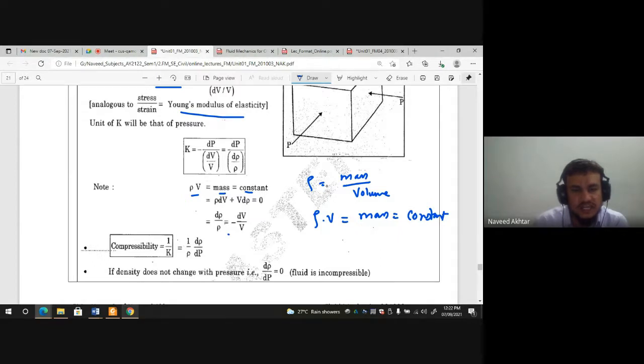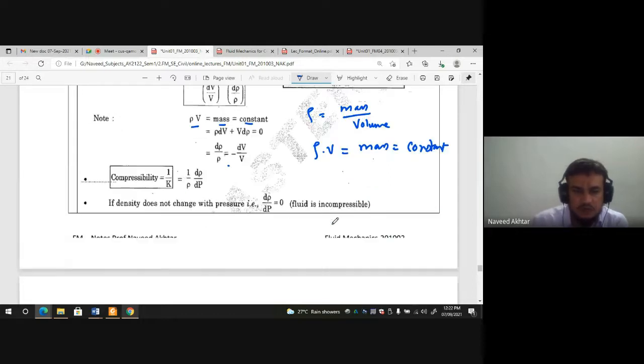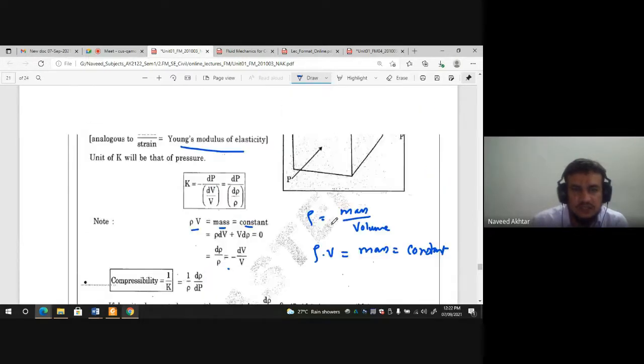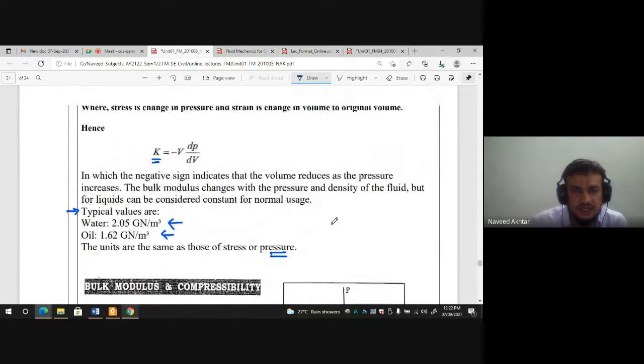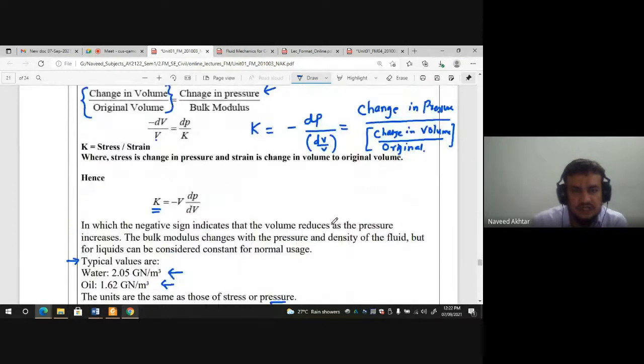So that is K equal to 1 upon rho, d rho upon dP, and 1 upon bulk modulus is nothing but the compressibility. So compressibility is nothing but the inverse of bulk modulus.